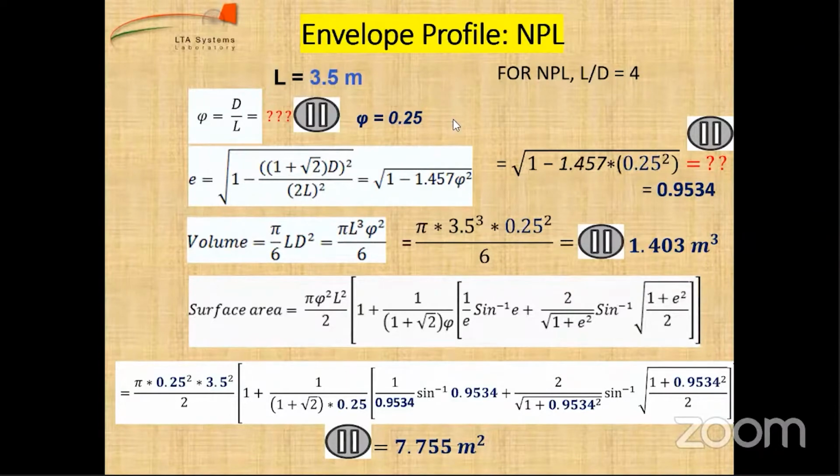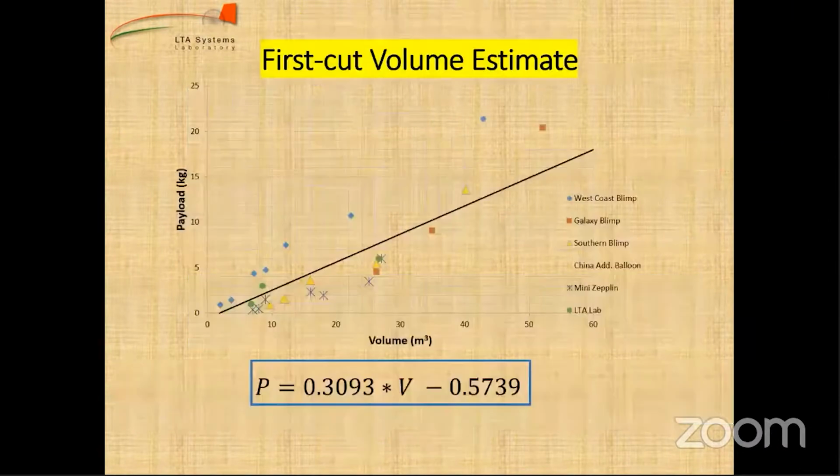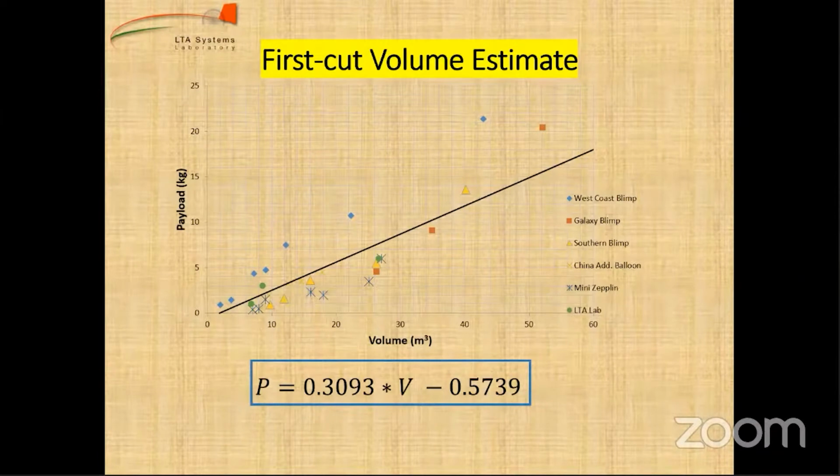Should we proceed further? Yes, sir. So now remember this volume, remember this surface area, volume being the most important thing. Some people who have worked on airships, including our lab, some people from Germany, China and the US, tested various airships and found this particular graph as a trend line.